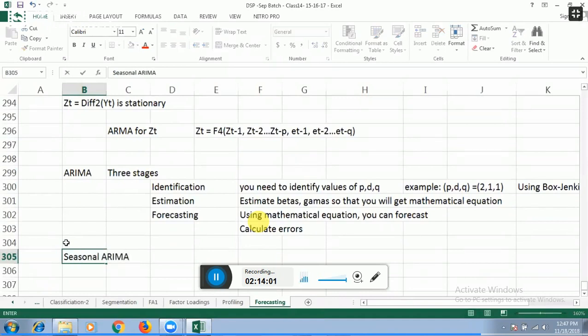What does seasonal ARIMA mean? You will aggregate the data. Suppose the data is weekly or monthly, and you aggregate it yearly, and you also calculate the PDQ values for that series. Then you will get the order of PDQ, and that order we call the capital PDQ.